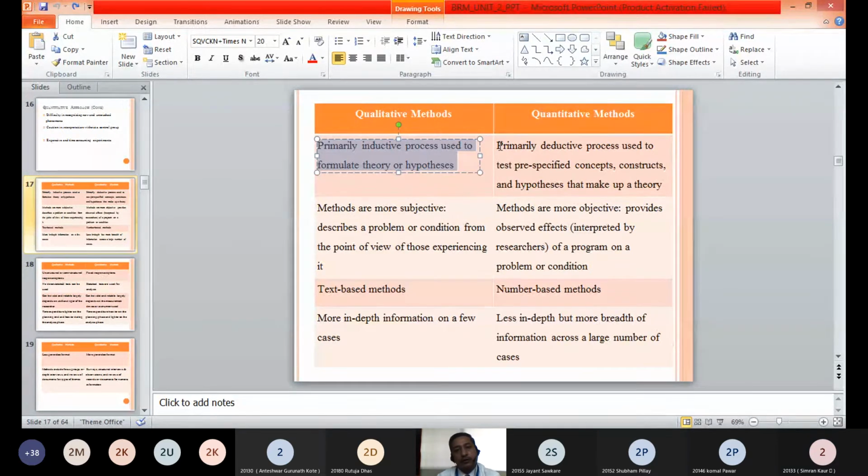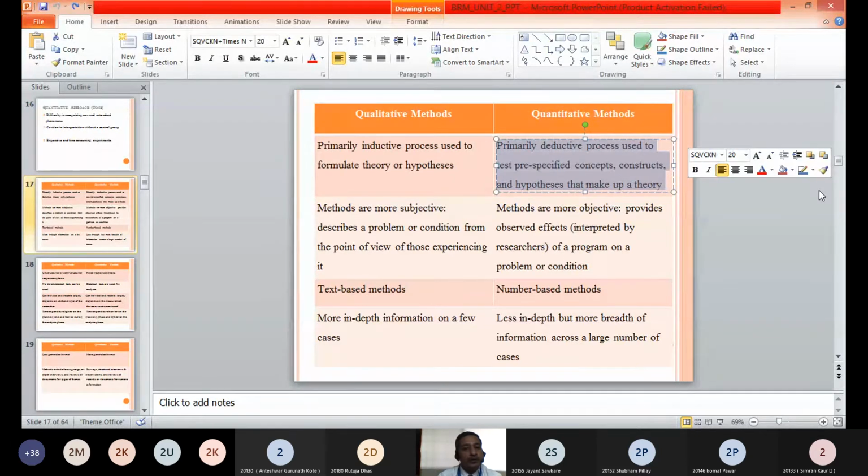Okay, thank you. So in quantitative method, we test certain theory which is already established, certain constructs or variables, and different hypotheses which are already formulated. We test all that, and that type of process we call a deductive process.